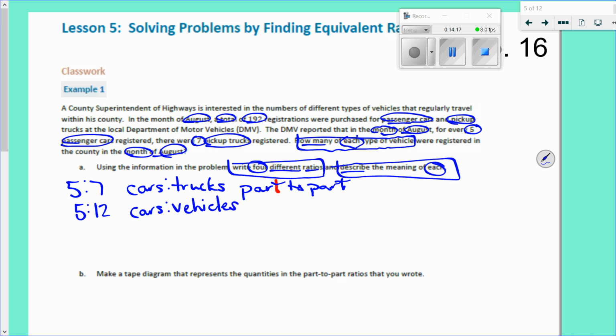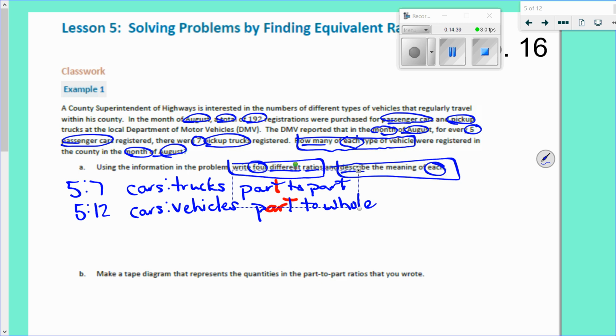Well done, Avi. So that would be cars to vehicles. Great question, Jonah. Where did you get that? She said, okay, there's 5 cars, 7 trucks. That means there's a total of 12 vehicles. Make sense? And as Avi said, that would be a part to whole ratio. Okay? So we still need 2 more.